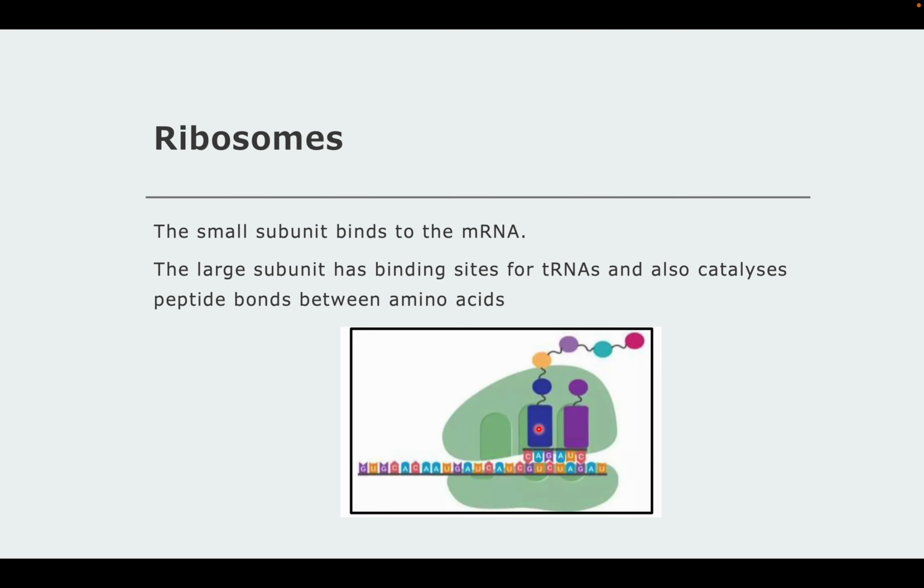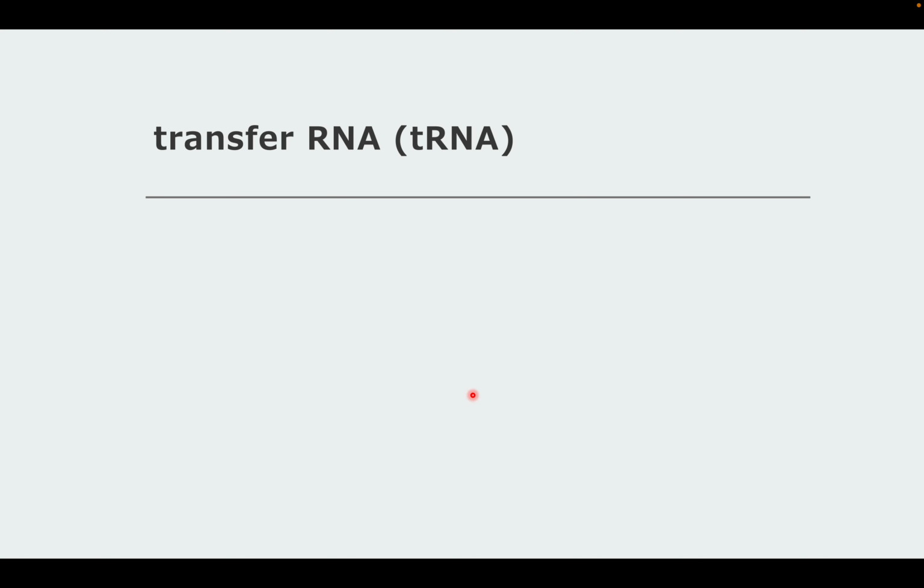So the important thing is that the smaller subunit is responsible for binding to the mRNA, and for the further process, the different binding sites for tRNAs are present in the larger subunit.